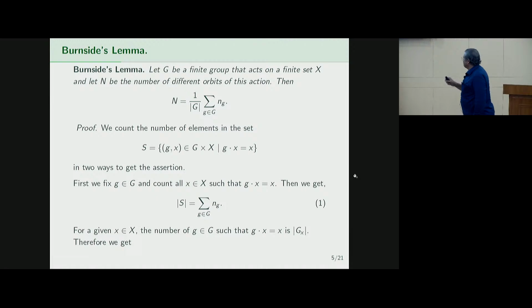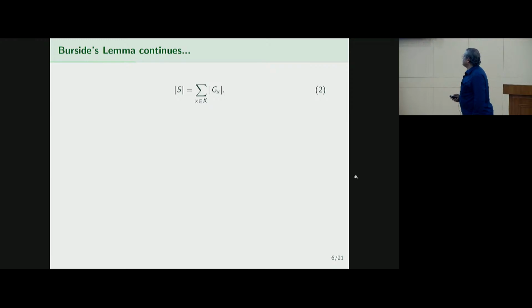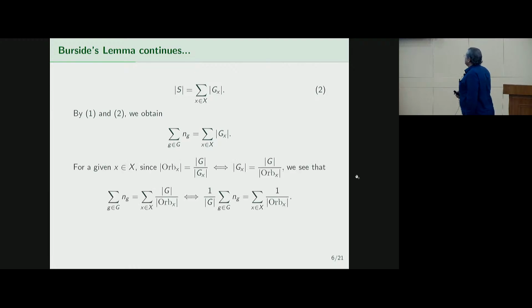Now we fix x and count the number of g's for which g dot x is x. This is nothing but the stabilizer cardinality. So the cardinality of S is the sum of the cardinalities of the stabilizer groups. So therefore we get these two. Now we have to apply the orbit-stabilizer formula, which says the cardinality of the orbit of x is the index of the stabilizer.